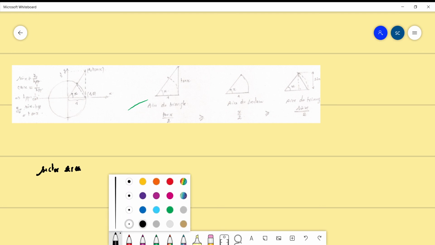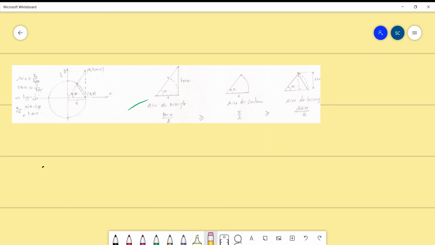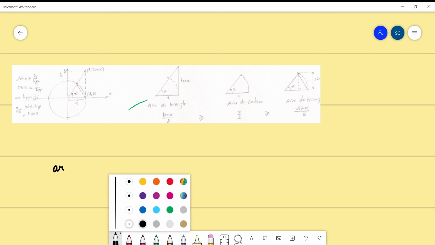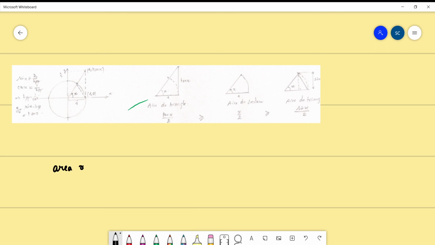The area of a sector is half theta r squared. So here r is 1 and theta is x, the angle. And the last triangle is half of the base times the height. The height is sine of x, and this base is 1 unit.